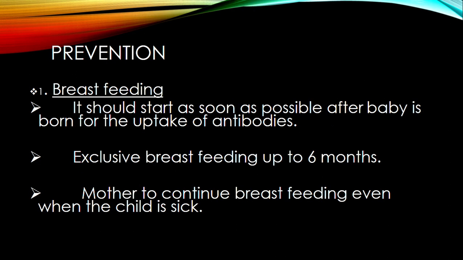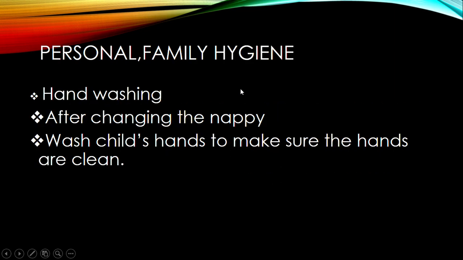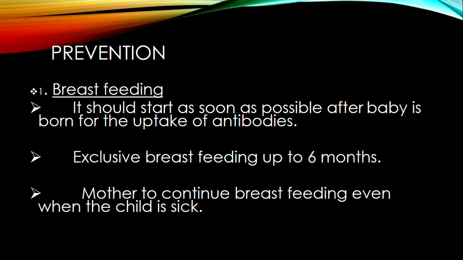monitored. So when it comes to the preventive measures, in case you're in the exam and they ask what are the preventive measures of diarrhea or acute gastroenteritis, we are going to state as follows: breastfeeding.